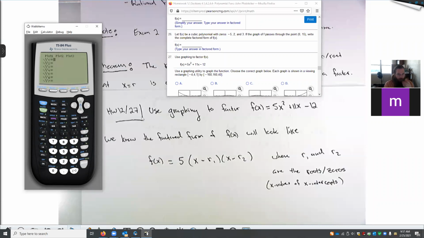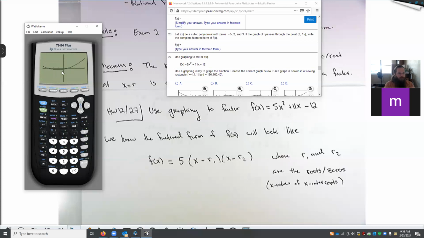So now if I want to get this graph, I just enter this function, I hit Y equals, and I enter 5x to the 2 plus 11x minus 12. And now I hit graph. All right.